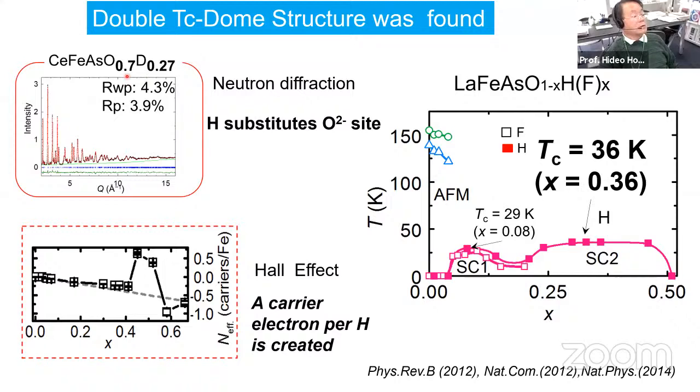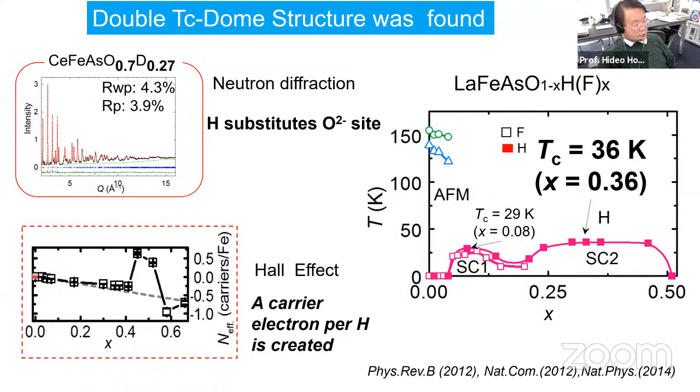A part of the oxygen is replaced by, in this case, deuterium, to measure the neutron diffraction. The observed pattern perfectly fits the H⁻ substituted model. And carrier concentration is evaluated by the Hall effect.